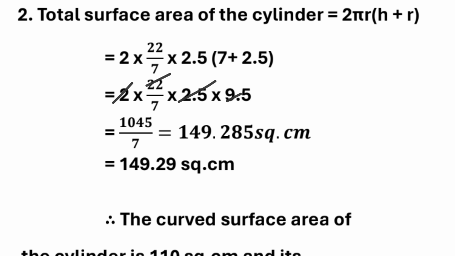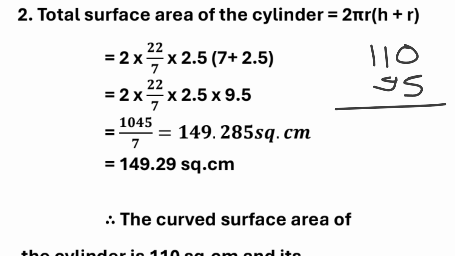Then we know that the product of 2 into 22 into 2.5 is 110. Okay, and into 9.5 means we take 95 here. Okay, then 95 into 0 is 0, 95 ones are 95, carry 9, 95 ones are 95, and this 9 means 104.